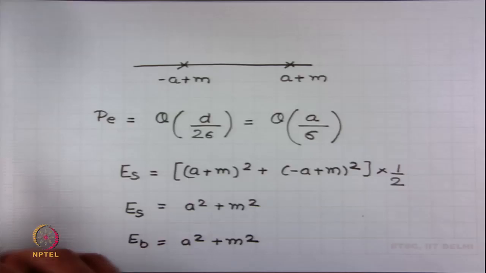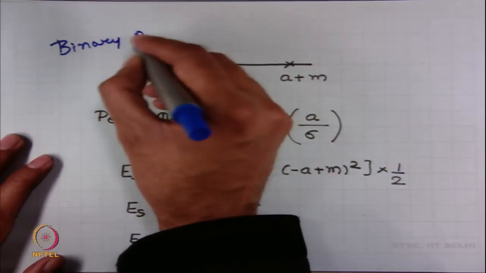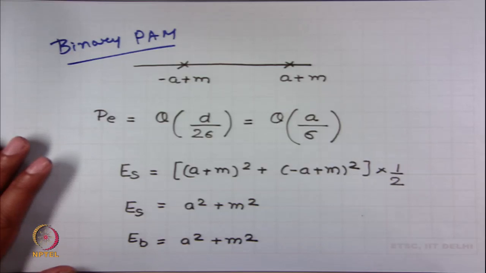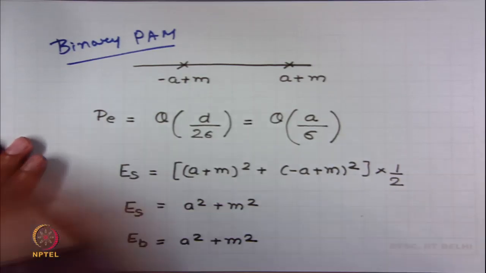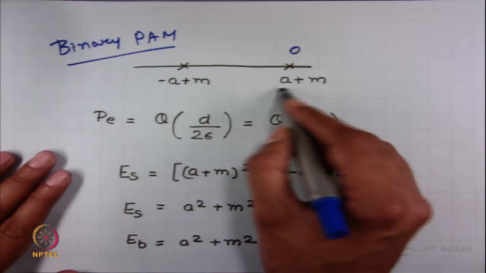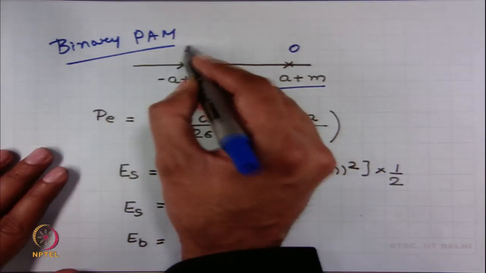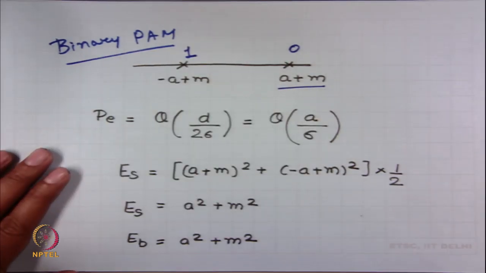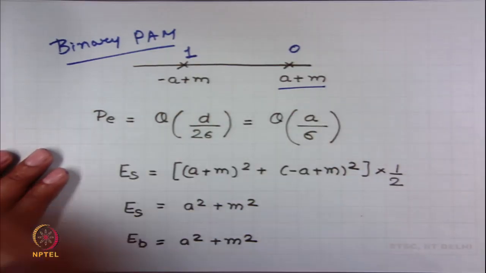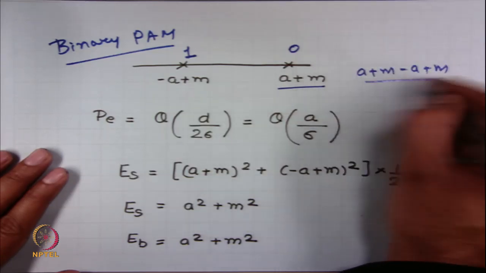Now, let us look into a binary PAM system which is not antipodal. For example, you send hypothesis 0 by sending a symbol with amplitude A plus m, and you send hypothesis 1 by sending a symbol with amplitude minus A plus m. What is the mean in this case? If we find the mean, it is m.